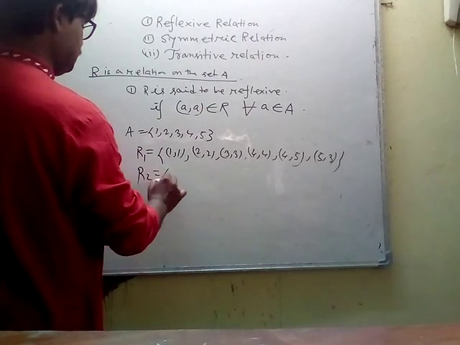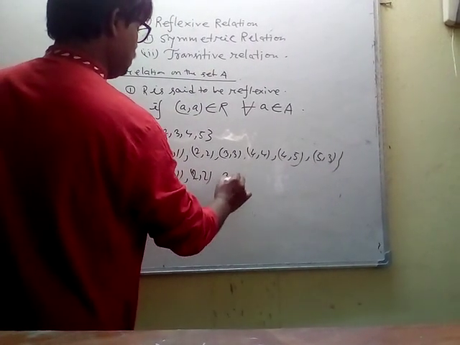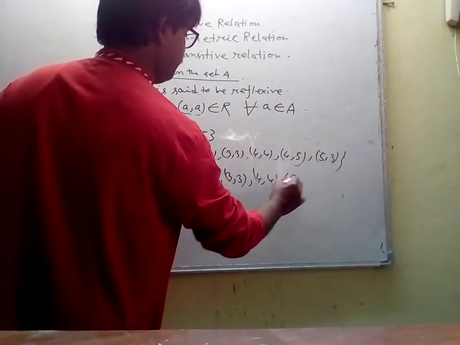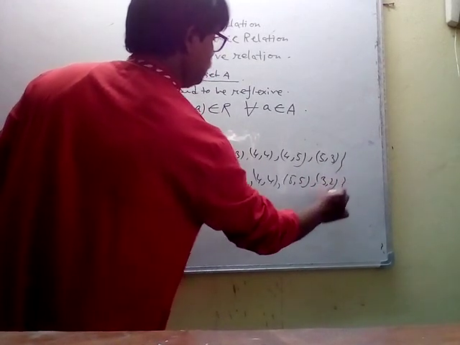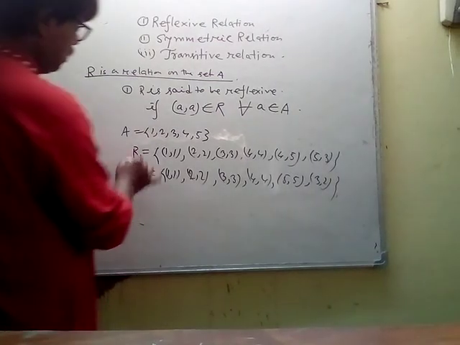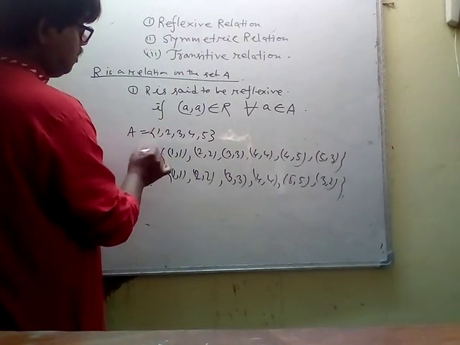R2 is another relation: {(1,1), (2,2), (3,3), (4,4), (5,5), (3,2)}. Then which is a reflexive relation, R1 or R2?